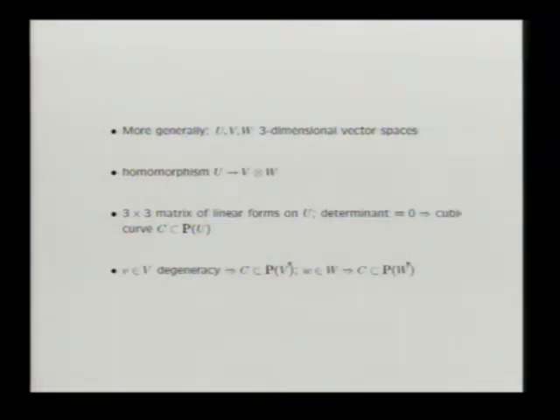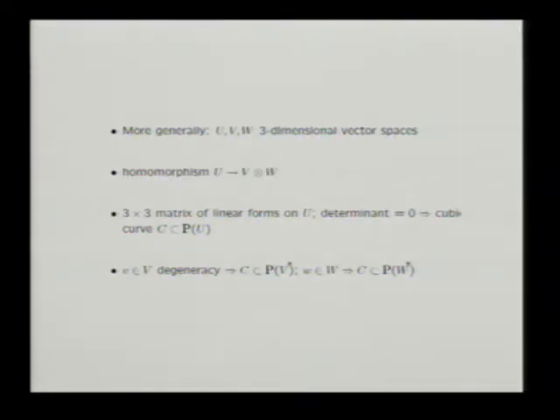On the other hand, if I take a point on that cubic curve, then the corresponding matrix is singular, so I can look at the degeneracy subspace. Actually, this should be a dual. I can think of this as a homomorphism from V dual to W, and then look at the kernel of that homomorphism. Generically, that gives me a one-dimensional subspace of V dual for each point on the cubic curve.